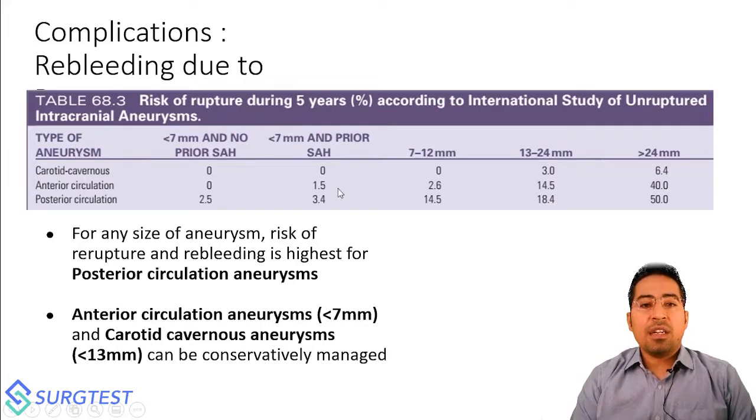If they are less than 7 mm in size but there has been a prior SAH, the risk of rupture is 1.5%. And if they are more than 7 mm in size, then the risk of rupture is high. For posterior circulation aneurysms, even if there has been no prior bleed, they can still rupture. So all posterior circulation aneurysms should be managed.